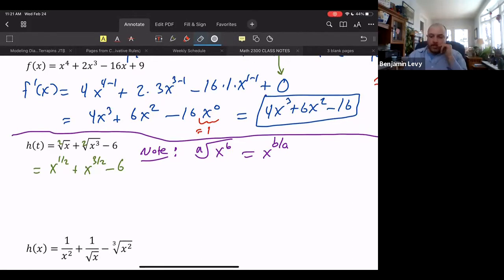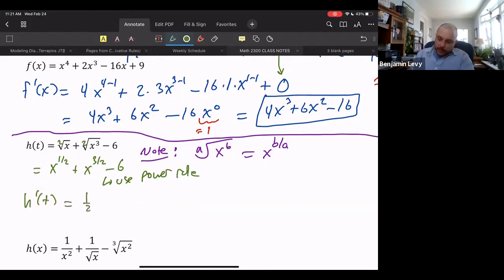But now we're prepared to use the power rule really easily. We need to know how to subtract with fractions, but that's not a huge deal. And so when we take the derivative on this one, you just bring the power down, subtract 1 off the power. Bring the power down, subtract 1 off the power.